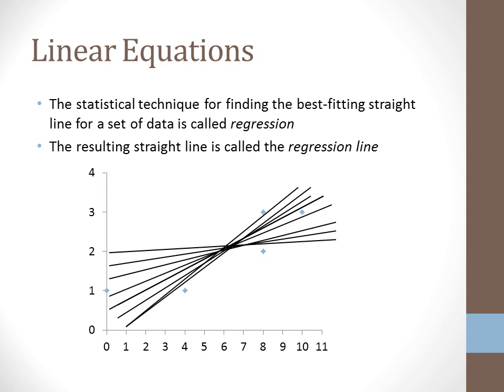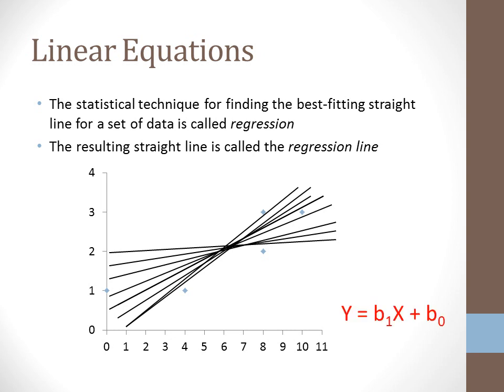Each of these lines can be defined by a linear equation. Each individual line has its own unique values for the slope and intercept. The problem is, however, not finding a line that passes close through these, but rather finding a specific line that provides the best fit for the actual data points.